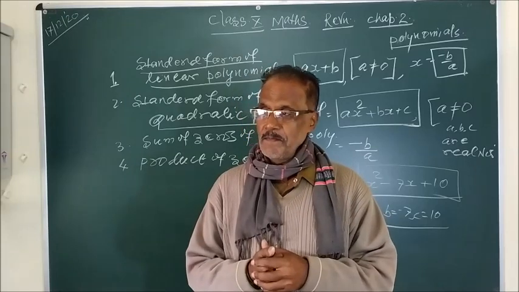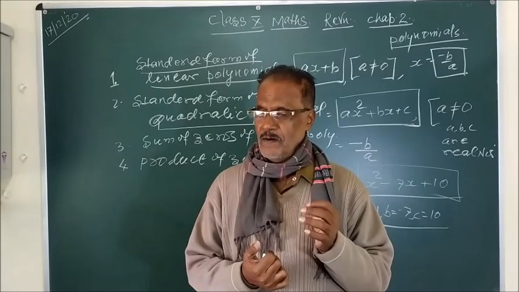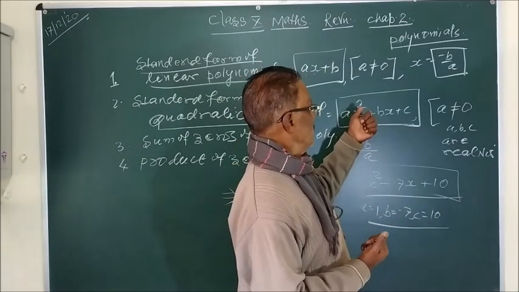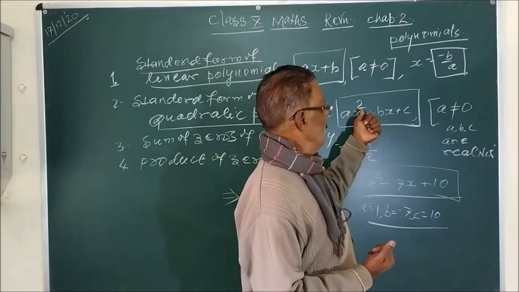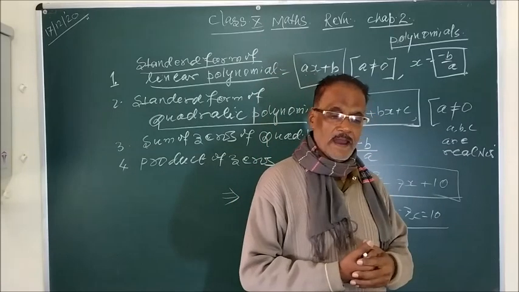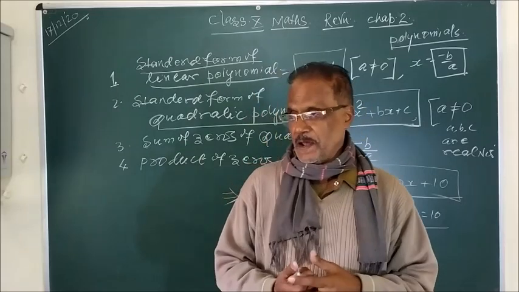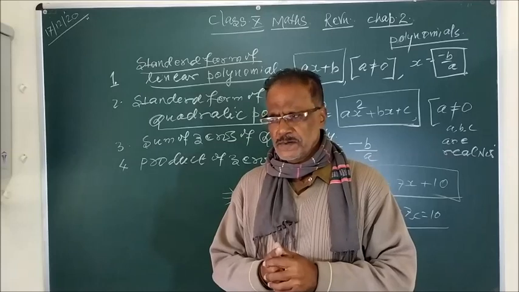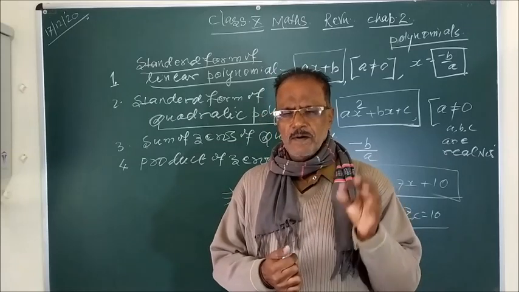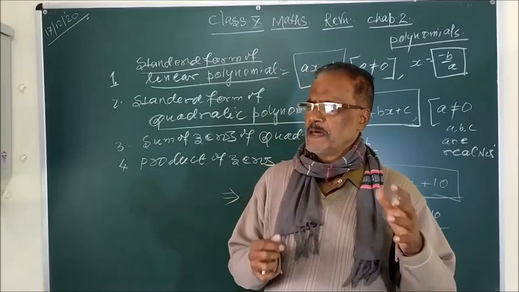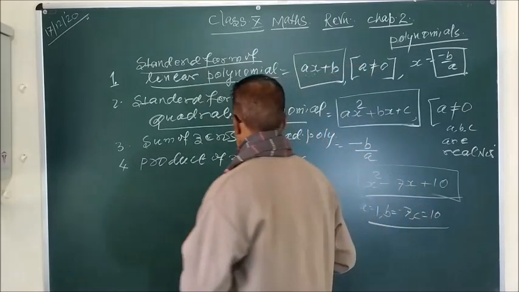Linear polynomial, power is 1, zero is 1. In a quadratic polynomial, power is 2, the value of x will be 2 values. In a cubic polynomial, the number of values of the variable will be 3, like that. So you can understand the number of zeros will be equal to the power of the variable of the polynomial.